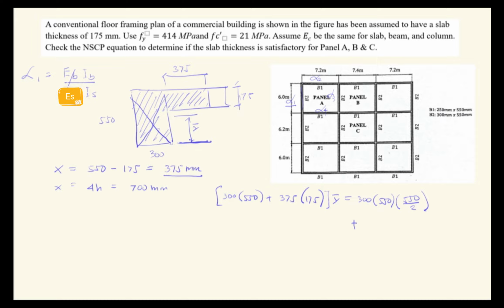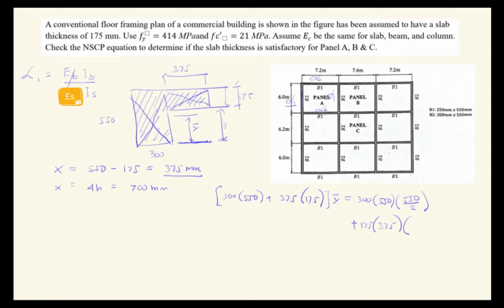Okay, plus, considering this area now, 175 by 375 multiplied by this distance plus half of 175.